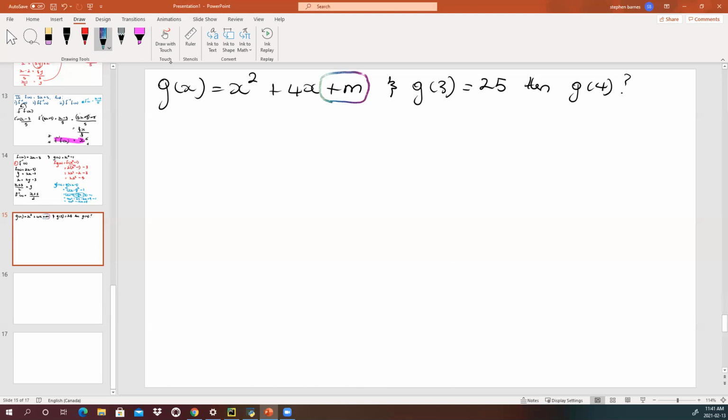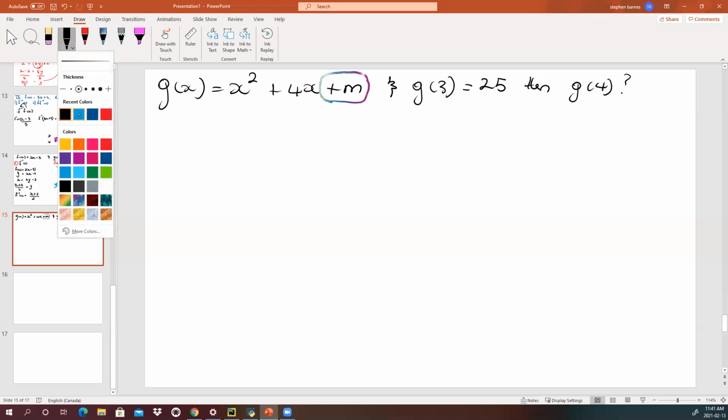They also give you some other information. They said if you input 3 into this function, even though we don't know what m is, you will get 25. And that is more than enough information for you to work out.